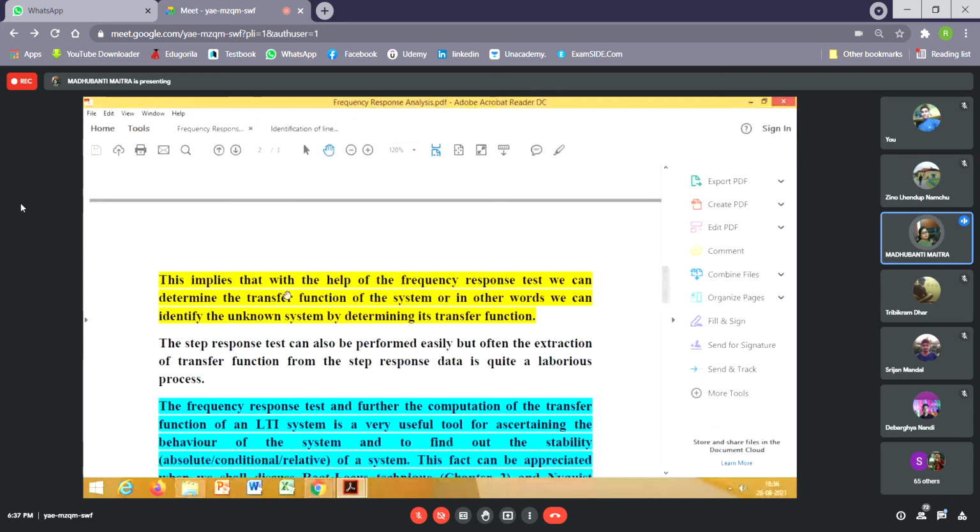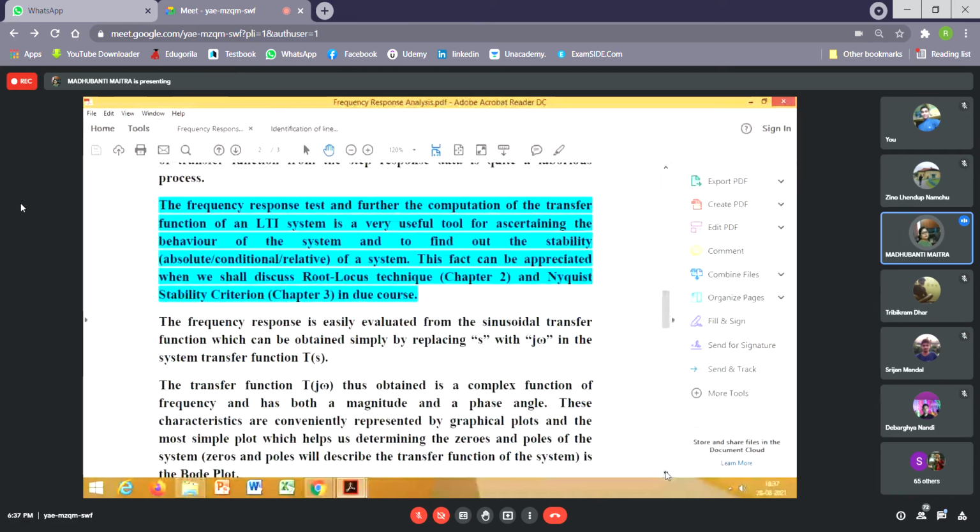So this implies that with the help of the frequency response test, we can determine the transfer function of the system, or in other words, we can identify the unknown system. Identification of an unknown system implies determining the transfer function of the system. That's why the name of the experiment is identification of an unknown linear system with the help of frequency response test.